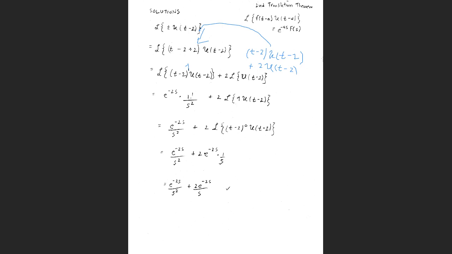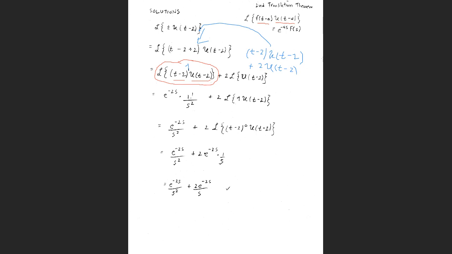All right, well now what we're going to do is this here, this Laplace transform, I'm ready to use the second translation theorem because I have a t minus 2 and I have a unit step function at t minus 2. See, I have a function at t minus a times the unit step function at t minus a. Now the function, what is the function?